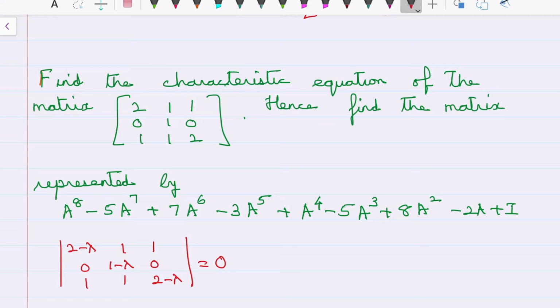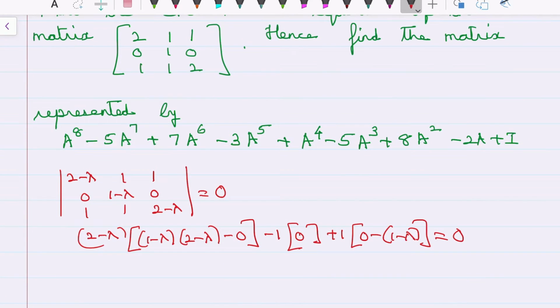Simplifying it, you get (2 minus lambda) into (1 minus lambda) into (2 minus lambda) minus 0, then minus 1 into 0 plus 1 into 0 minus (1 minus lambda) equal to 0. So simplifying, you get (1 minus lambda) into (2 minus lambda) the whole squared minus 1 equal to 0.